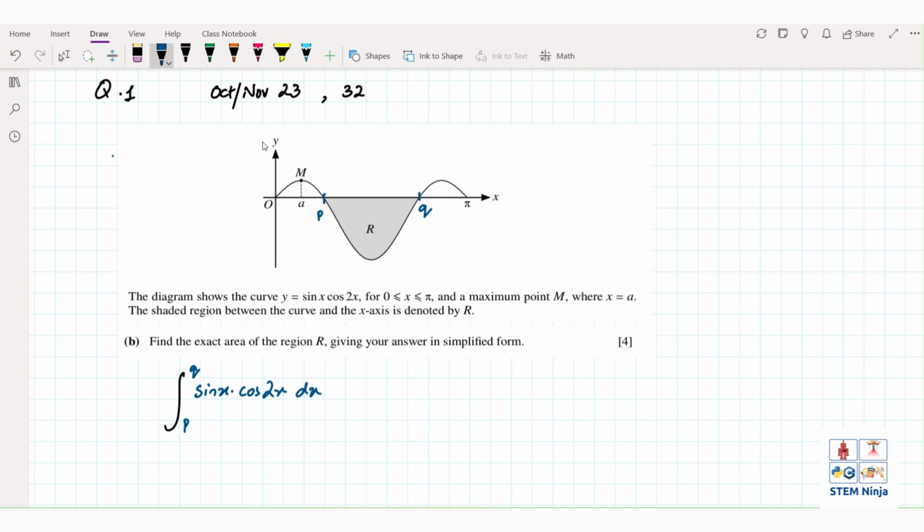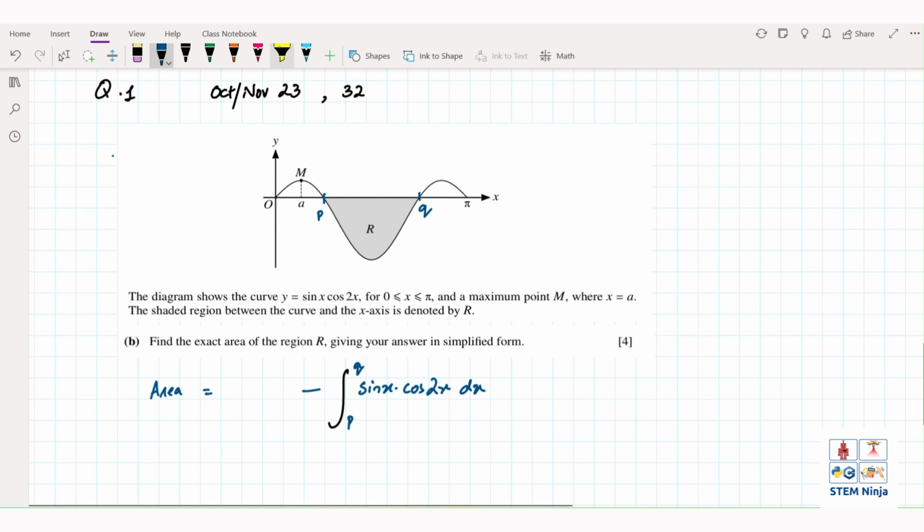However, since this area is under the x-axis, the integral that we will get will actually be negative. So area would actually be negative of this value. But anyways, there are two things we have to do if we want to solve it using substitution. First off, we need to find out the P and Q, the limits. Second, we would need to convert cos 2x into its double angle form, using half angle basically.